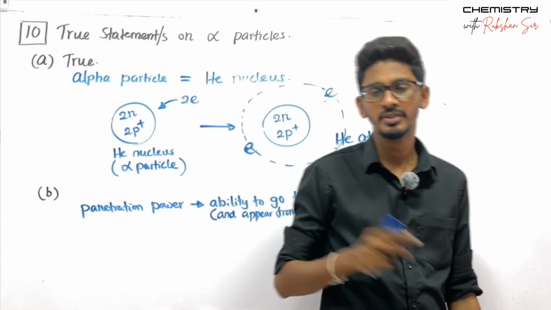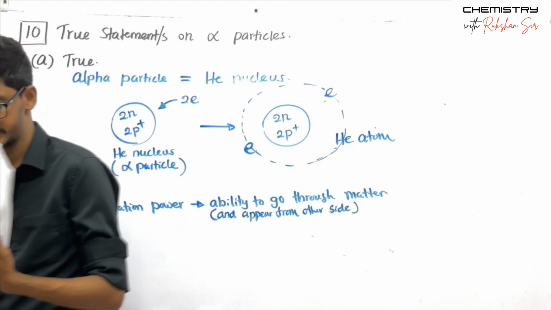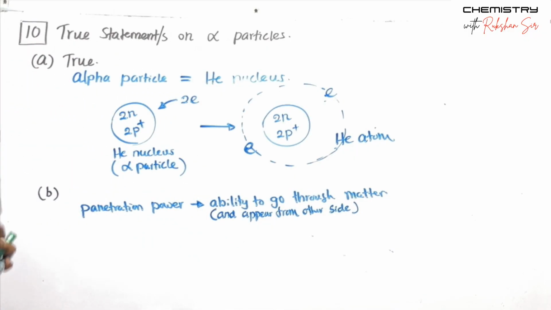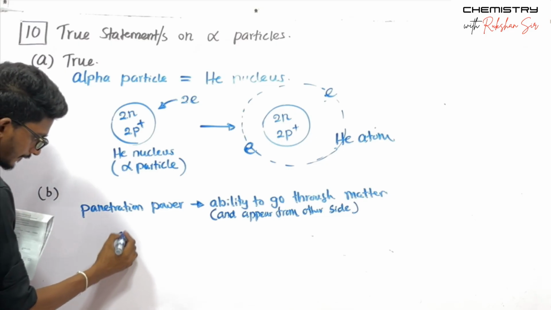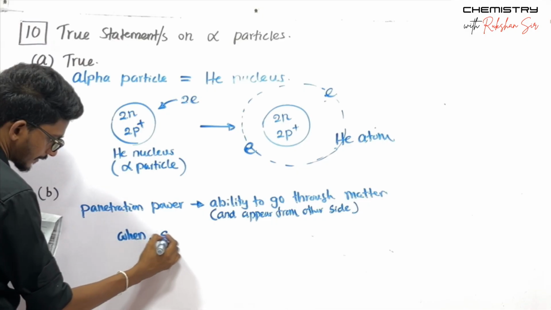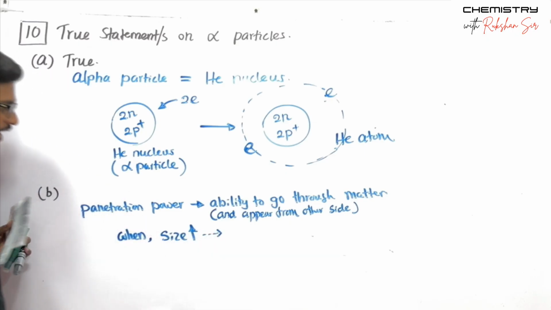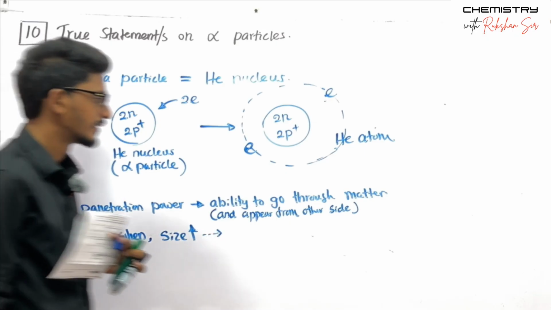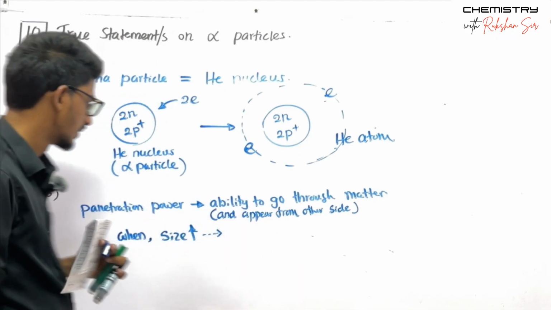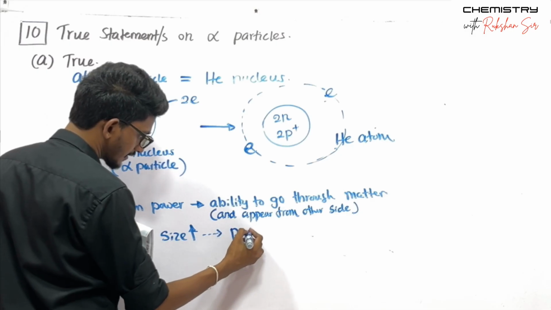Penetration power depends on 2 things. What are the 2 things? When size is high, it is hard to go through the atomic layers, so penetration power decreases.